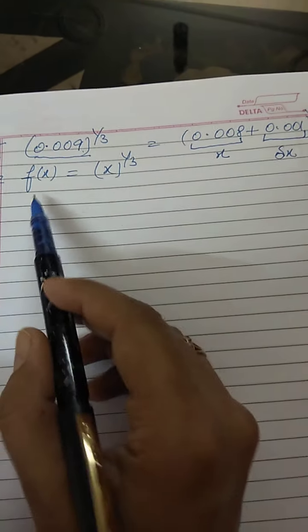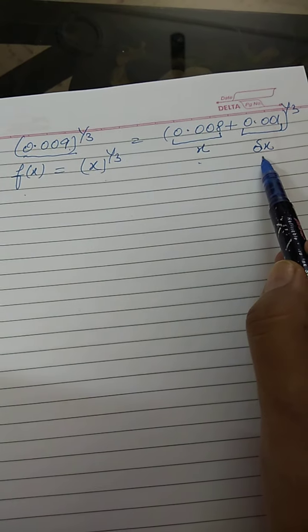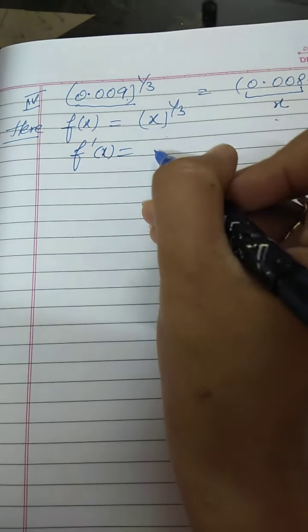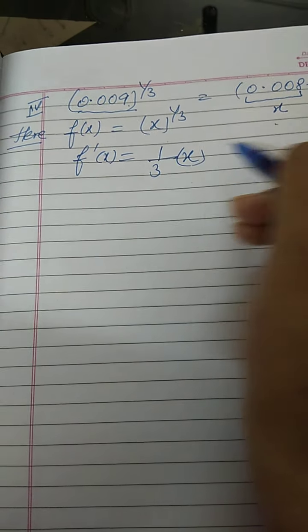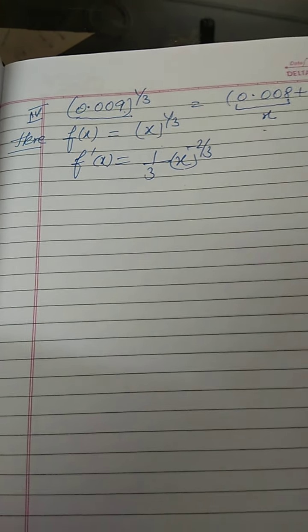Okay, so function is x raised to power 1 by 3. We know the value of x, we know the value of del x also. So the next thing we will find here the derivative. What will be the derivative? Power in front, reduce the power by 1. 1 by 3 minus 1 is minus 2 by 3.